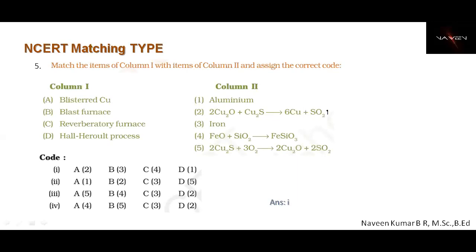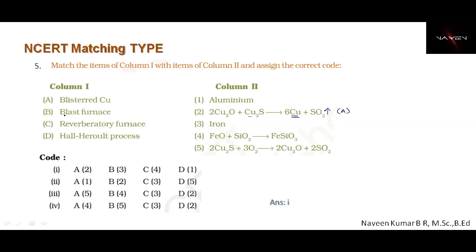So whatever the liberation of sulfur dioxide is there, with the reduction of copper by using its ore in different form, that is Cu2S, is used for its auto reduction. So hence blister copper obtaining equation is correct with respect to column 2 as the second one.